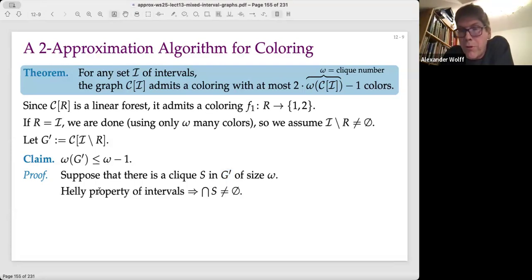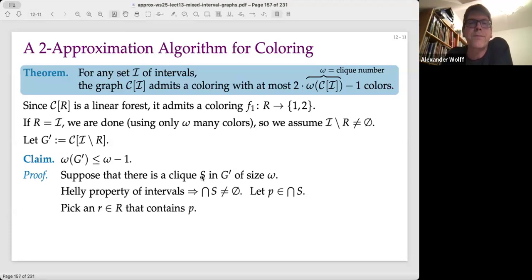The Helly property of intervals tells me that if all of them pairwise intersect, then there must be a point in the intersection of all of them. Let P be such a point that is contained in all of the intervals in my clique. Since the set R, as we saw, covers everything that is covered by all the intervals, there must be an interval in my set R that contains this point.